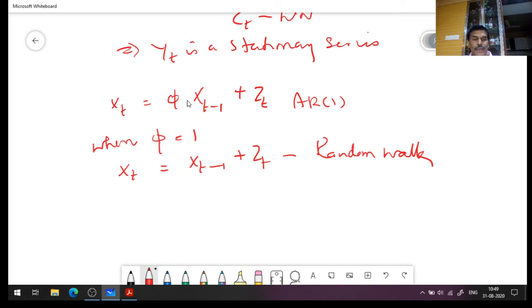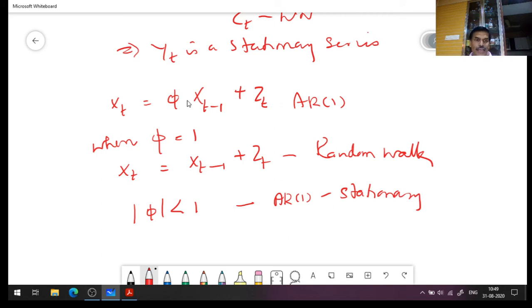So what is the peculiarity of this AR(1) model? For absolute value of phi less than 1, we haven't proved it, but I'm going to prove it a little later, we can see that the AR(1) is stationary. So phi equal to 1 is a kind of boundary case. What is the meaning of absolute phi less than 1?